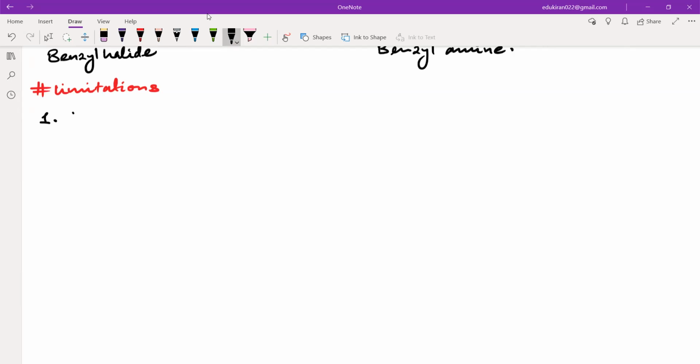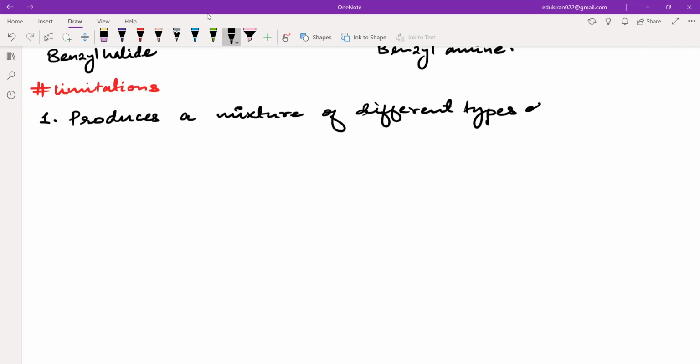So this produces a mixture of different types of amines which are difficult to separate.